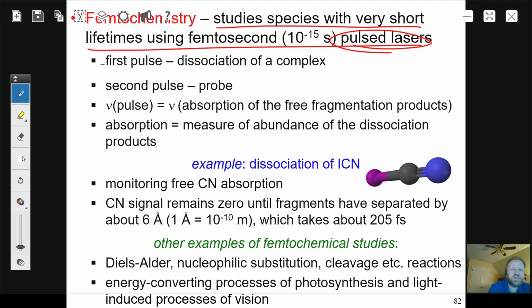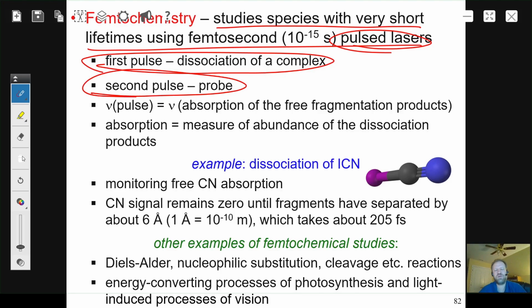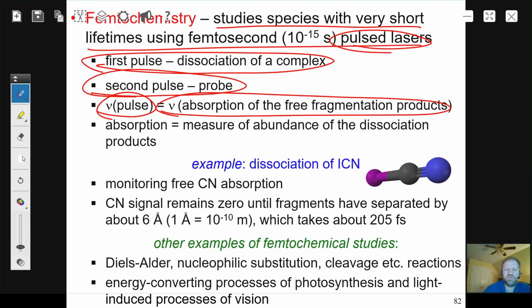So again, the first pulse produces the chemical reaction, suppose dissociation of a complex. The second pulse is a probe that gives you the spectroscopic picture of the event. The frequency of the pulse will be equal to the absorption frequency of the free fragmentation products, and the absorption will give you the abundance of dissociation products.